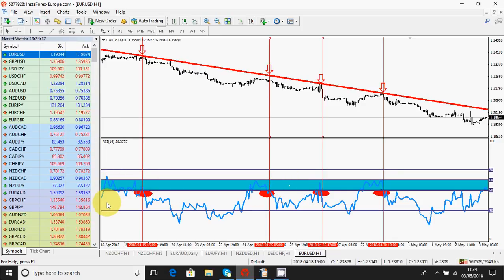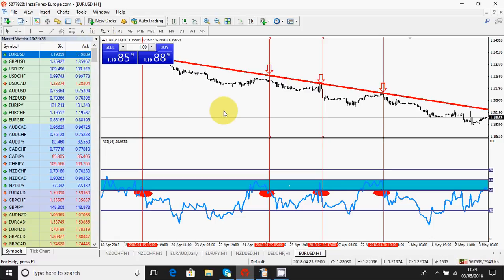So each time price goes into that zone, you will sell. So we see price goes into that zone, we sell here. Price got into that zone, we sold. Here as well, we sold. So we have 4 opportunities to go short and join this market here.